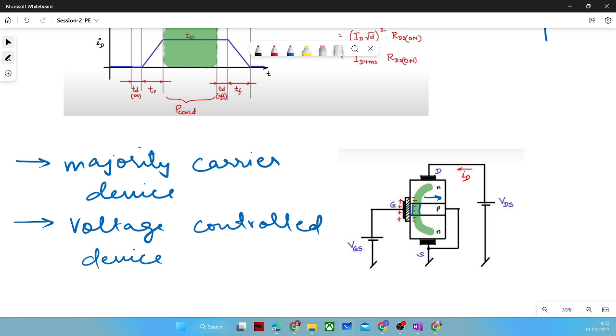Both are the same statement. If electrons are flowing from source to drain, then the flow of current will be right to left. So that's what is happening here. Your charges are flowing from source to drain, and your current is flowing from drain to source.